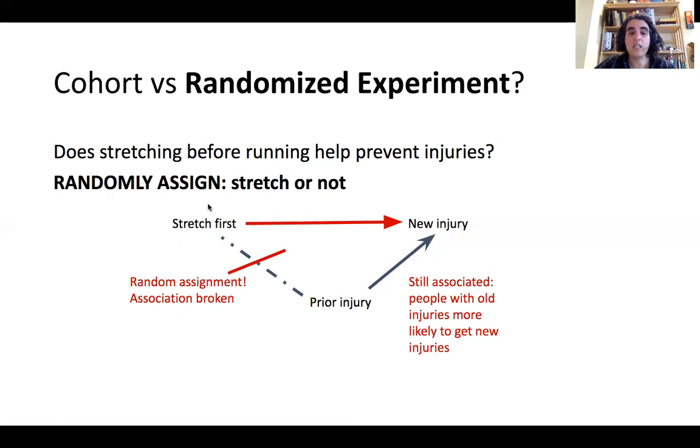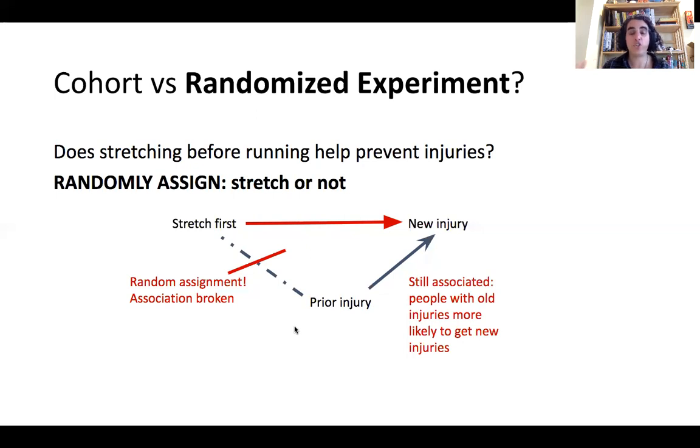All of a sudden, there's no systematic difference between my exposed group, the people who stretch, and my unexposed group, because it's not their choice, because it was just a coin flip that decided whether they stretched or not. And breaking that link means that prior injury is no longer a confounding factor.